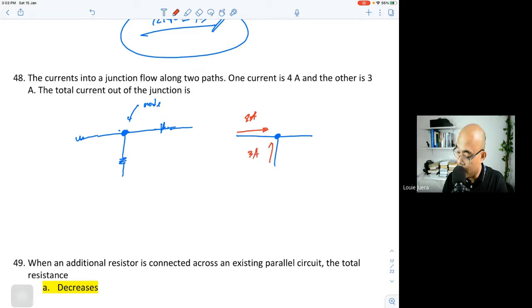So therefore, in a node, you just have to add the current here. 4 amperes plus 3 amperes, of course, this is 7 amperes. This one is very common in a parallel connection. Maybe we will have some problems related to this in the next lecture.